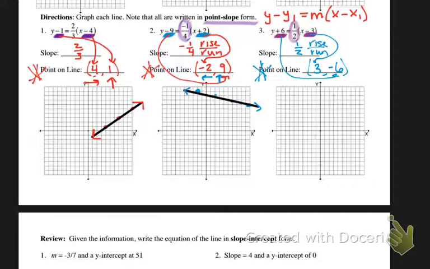Plot the point first. We're going to go to the right 3 and down 6. From this point, we do rise over run. So we go up 1 over 2, up 1 over 2. Once you have enough points, you can connect the dots and draw your arrows.